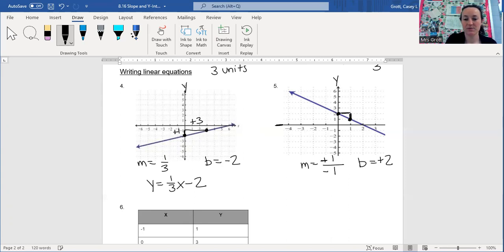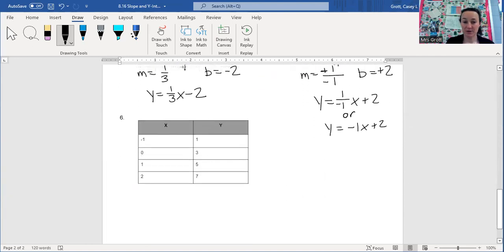Okay, I think it was helpful for some of you when we kind of did these. Okay, so my equation, y equals 1/-1x plus 2. Or you could also just write it as y equals -1x plus 2. But I think a lot of you like it as the fraction.